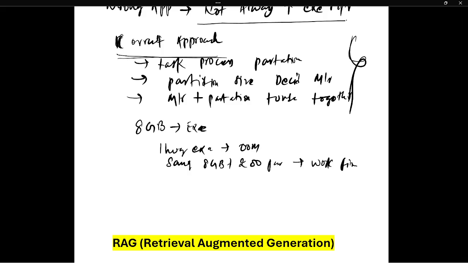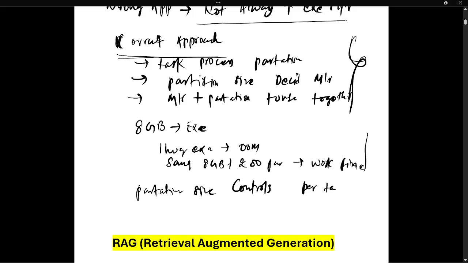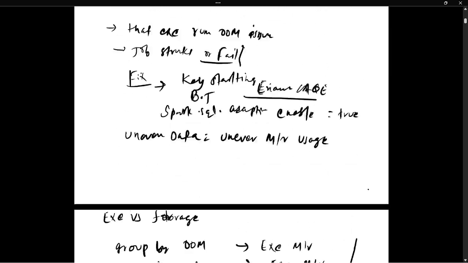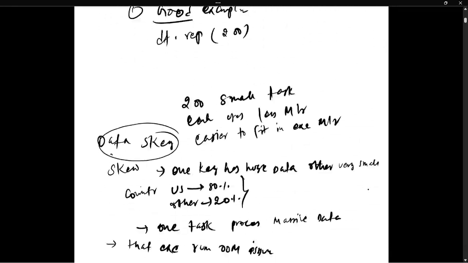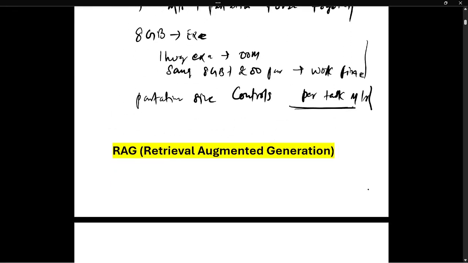So what is the golden line? Partition size controls per-task memory usage. This is the thing we need to understand here.